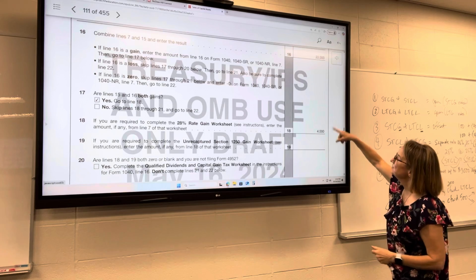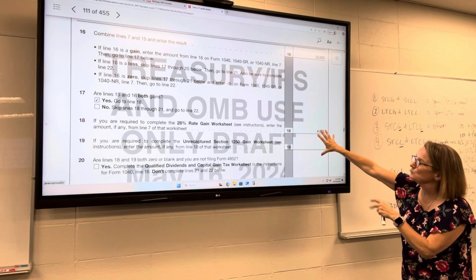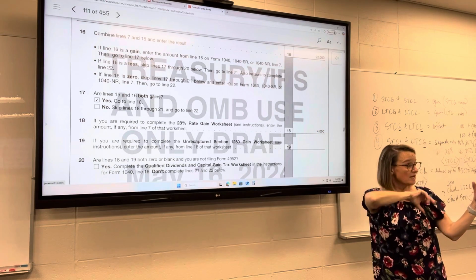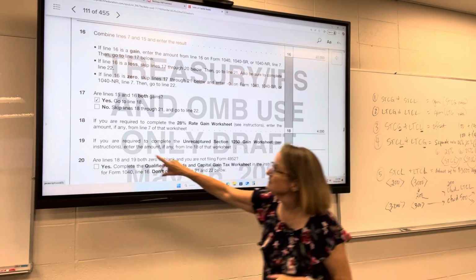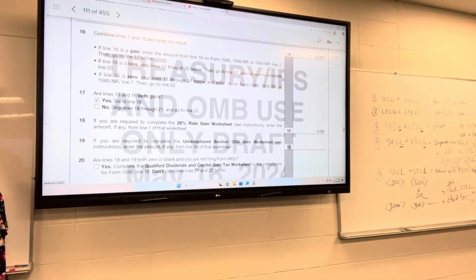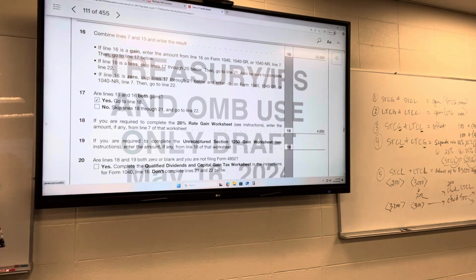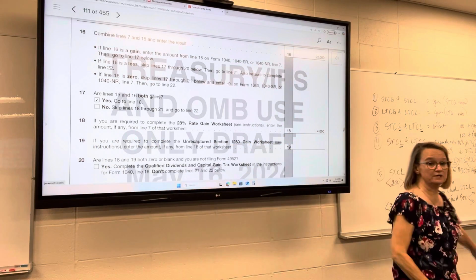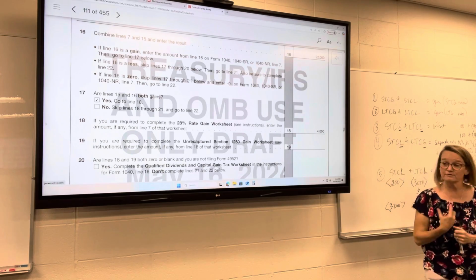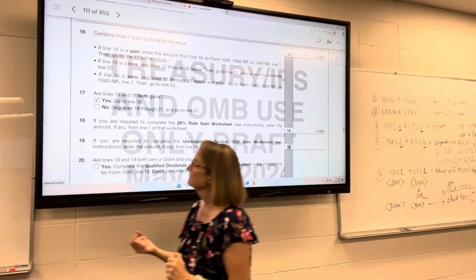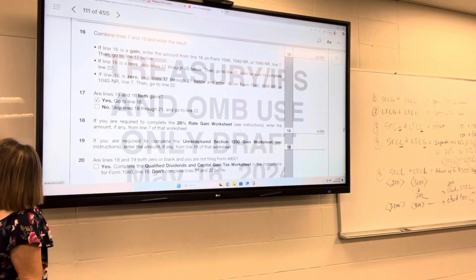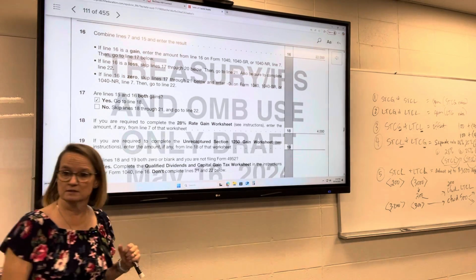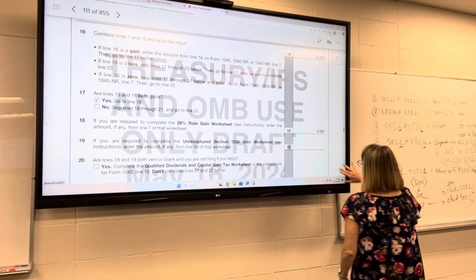Now we were able to offset. So this would be on that gain worksheet. On that worksheet, we have offset the short-term capital loss with that collectibles gain. So that's why it's showing 4,000 here. That's the combining of those two. Again, we get to offset that highest rate of 28%.